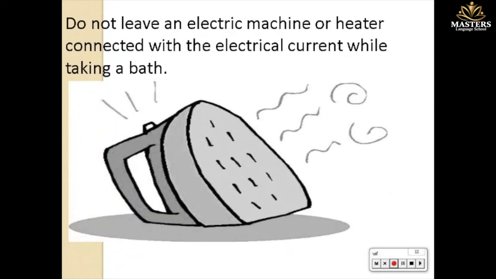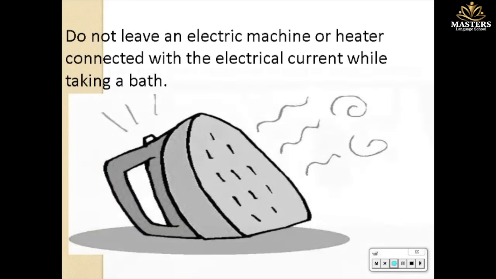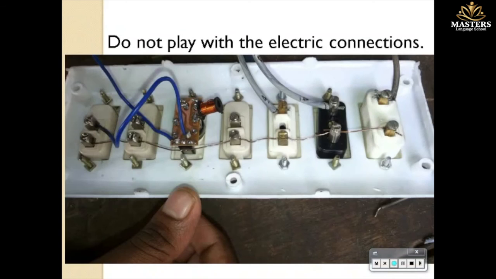Number 4, don't leave an electric machine or heater connected with the electric current while taking a bath. So don't leave the electric machines that generate heat energy connected; when you finish, disconnect them. Number 6, don't play with the electric connections.